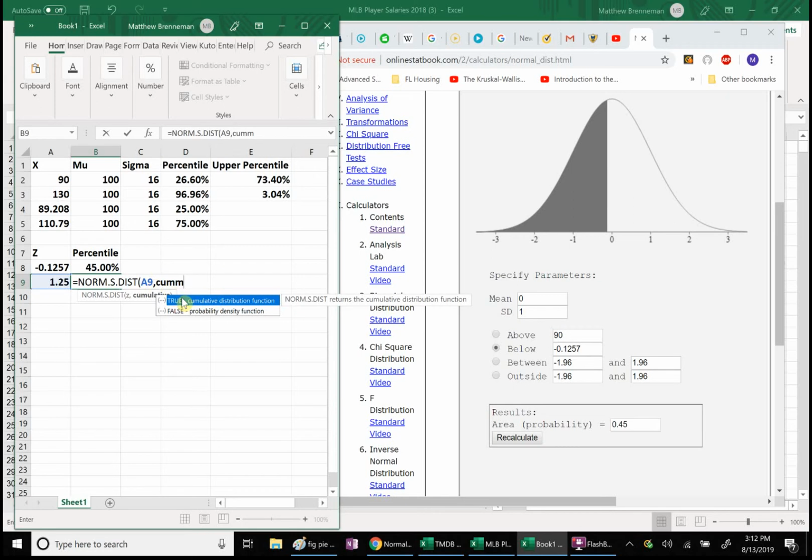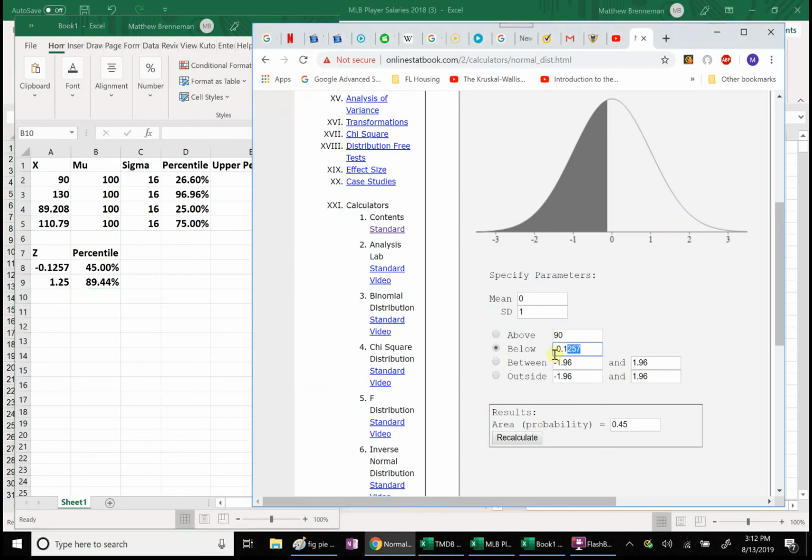Okay. Whoops, I'm sorry, true. And there we go. And again, this makes sense, right? If I have a z-score of 1.25, I'm above 50%, and you can work that all out. I'll put it in really quick so you can see. And sure enough, we get our answer.